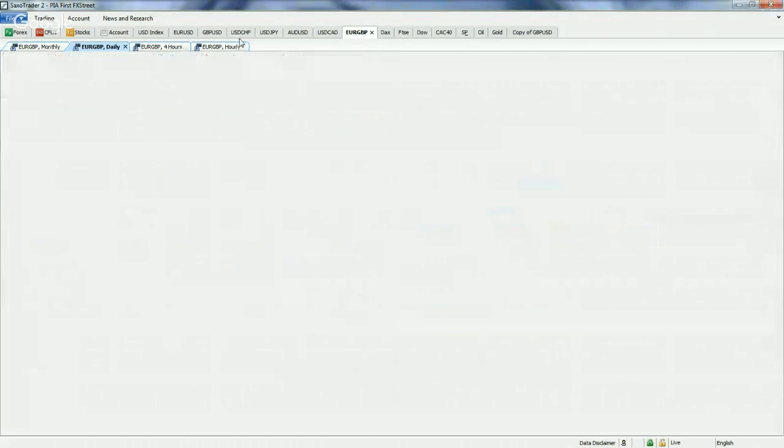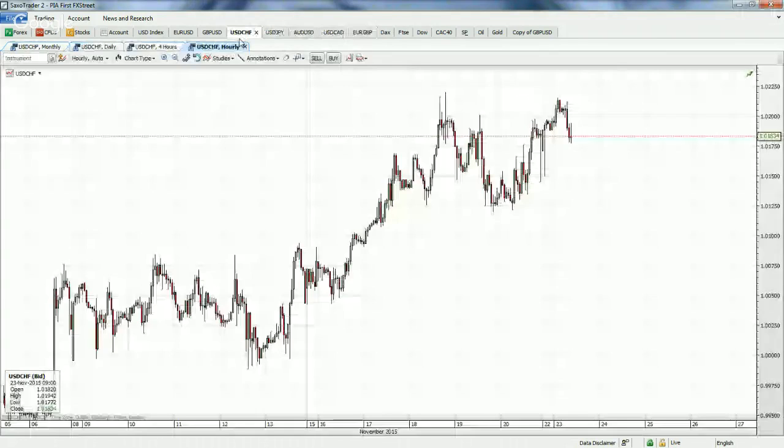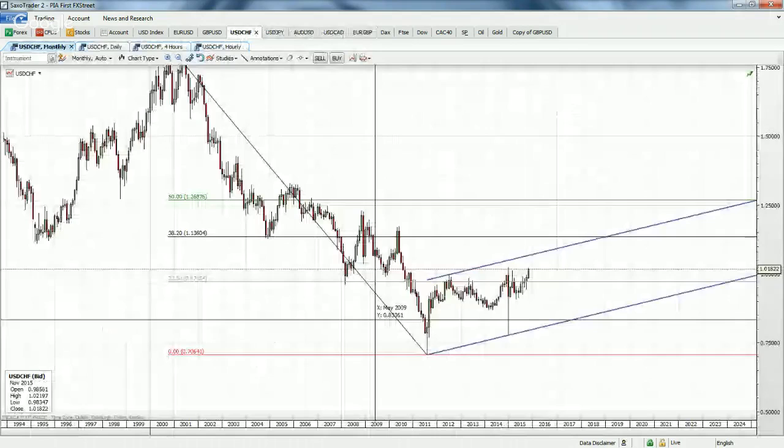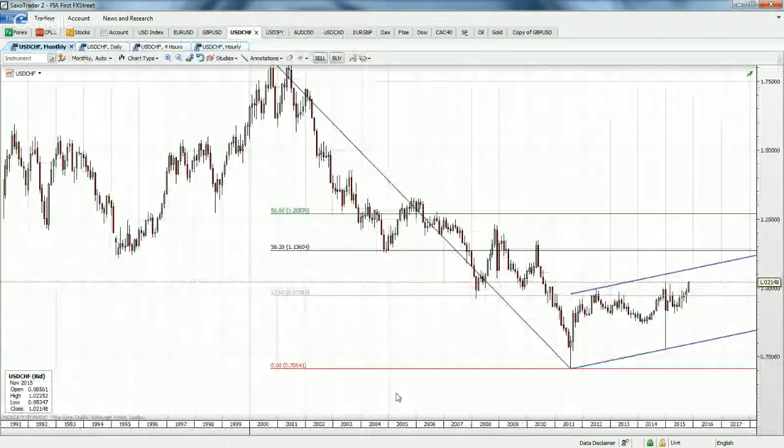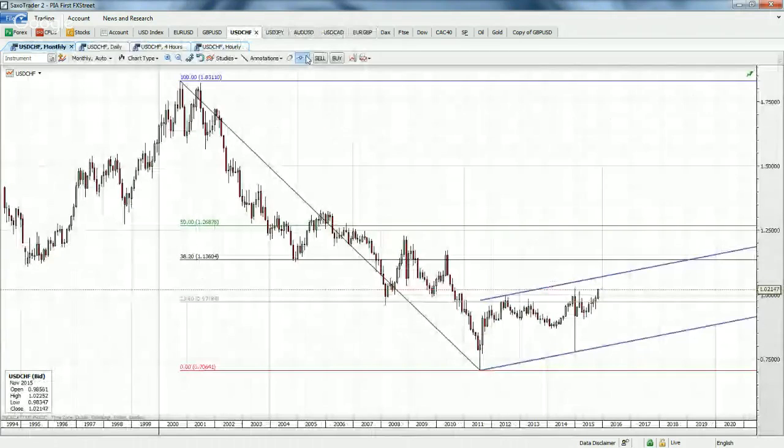Dollar Swiss, I won't spend too much time on it. It's not -1 correlated. When euro Swiss was held, then it was -1 correlated.